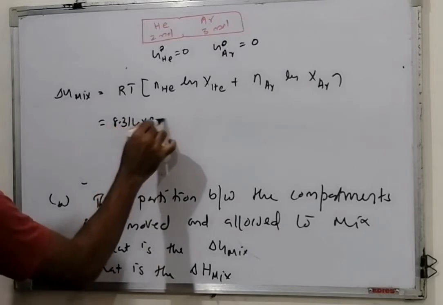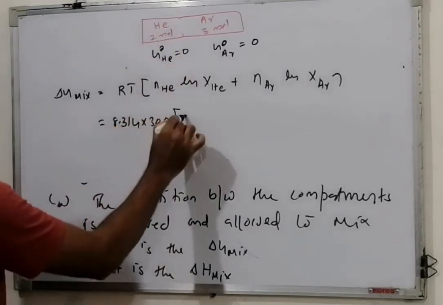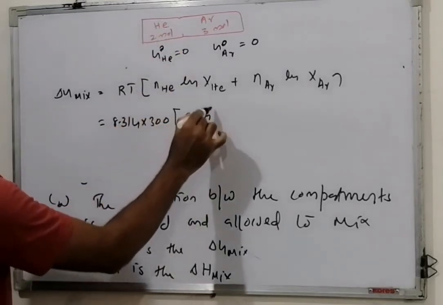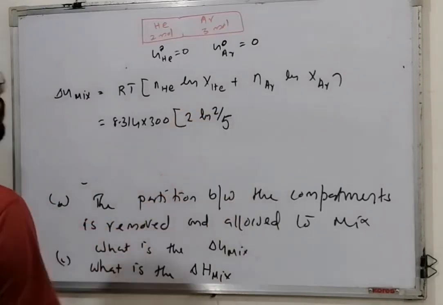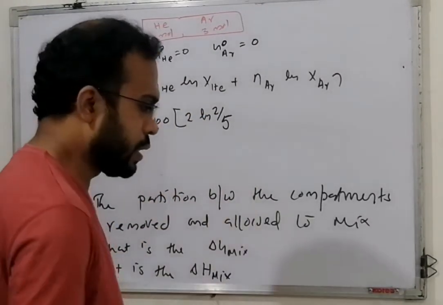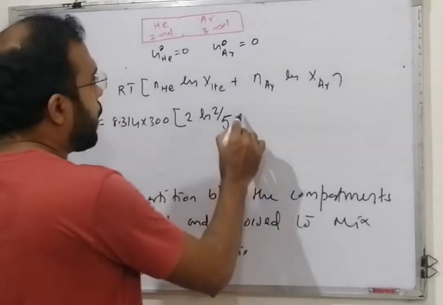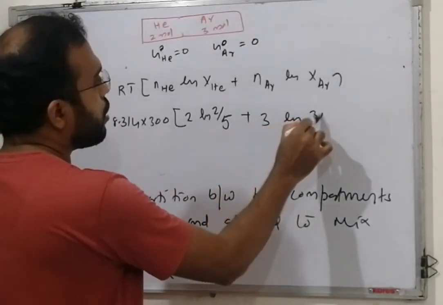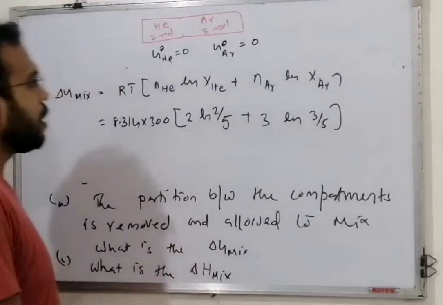That is 8.314 into 300 into (2 into ln 2/5 plus 3 into ln 3/5).